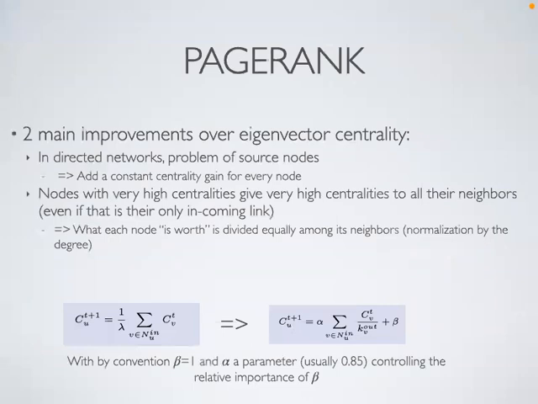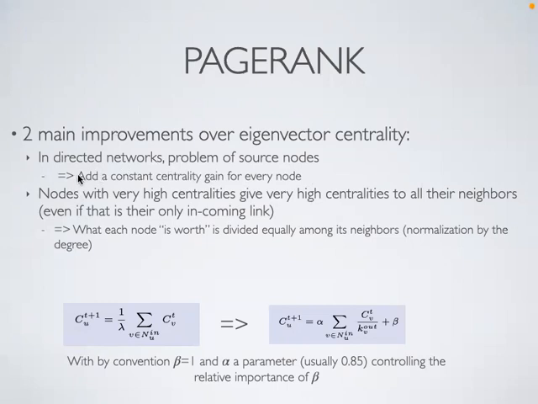So actually, PageRank is mostly an improvement over the eigenvector centrality. What they proposed is that there is this problem of the source node in the directed network. So we have seen that if a node has no incoming edges, then it has an eigenvector centrality which goes to 0 and transmits to the others.